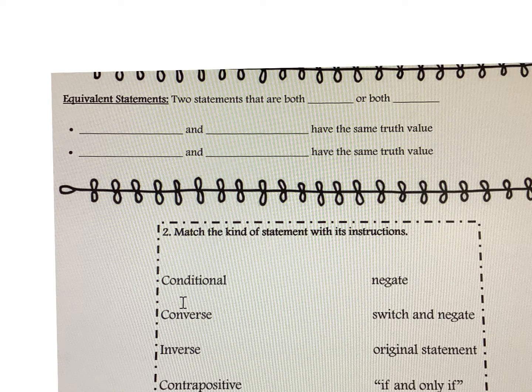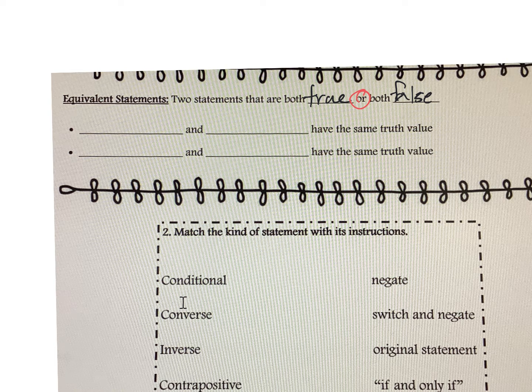All right, the next thing we're going to talk about is equivalent statements. Two statements that are both true or both false. So the key word here is or, because they both have to be true or they both have to be false.